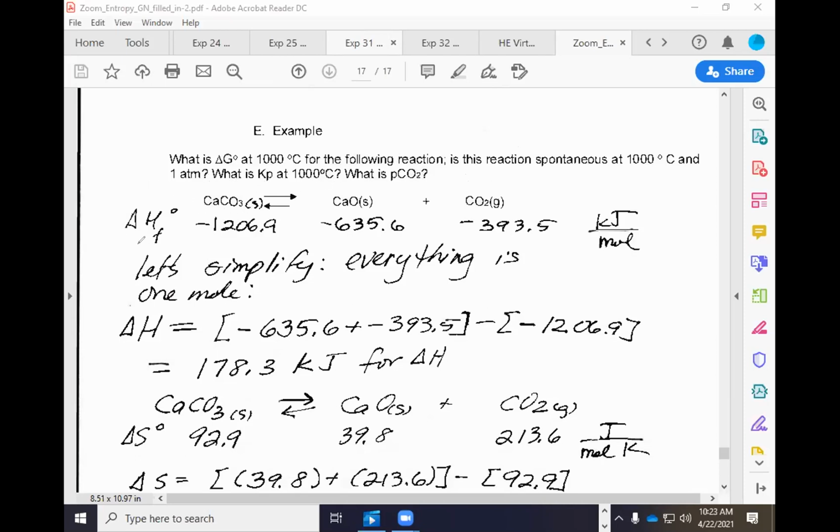And we're given the enthalpy of formation values in the units kilojoules per mole. And we're just going to assume 1 mole. If we assume 1 mole, then we could just put in the values. And I got lazy, I didn't put the units in. This would be kilojoules.